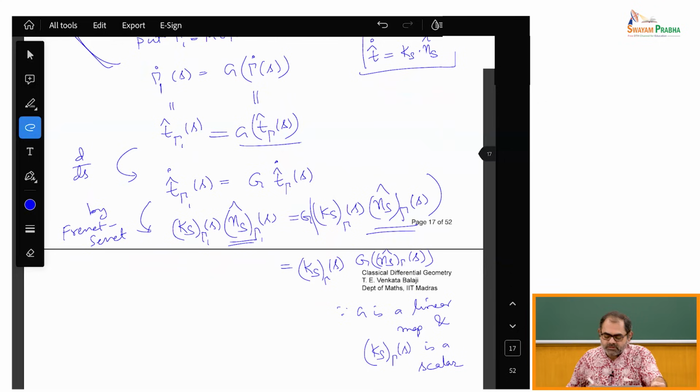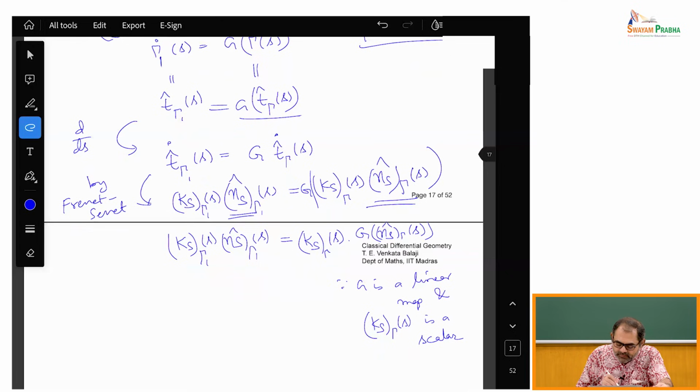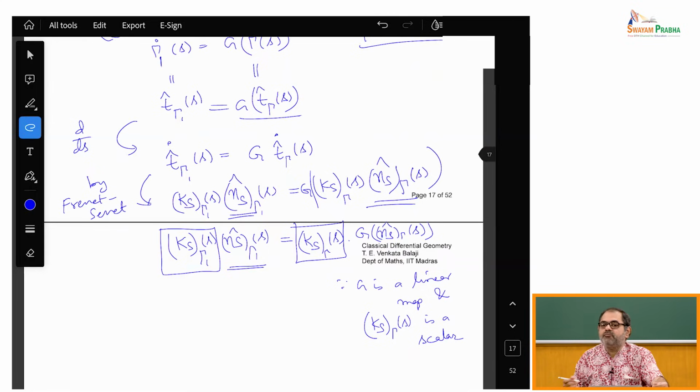all right. So on one side I have k_s sub gamma 1 of s into n_s sub gamma 1 cap of s, okay, is equal to, on the other side I have k_s gamma s times G times n_s cap gamma of s, okay. Now to show that this k_s gamma 1 s, which is the signed curvature of the new curve, is the same as the signed curvature of the old curve, I just have to show that the new signed normal is G operating on the older signed normal, but that is obvious because G is oriented.